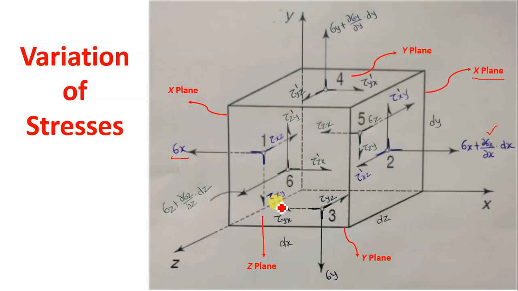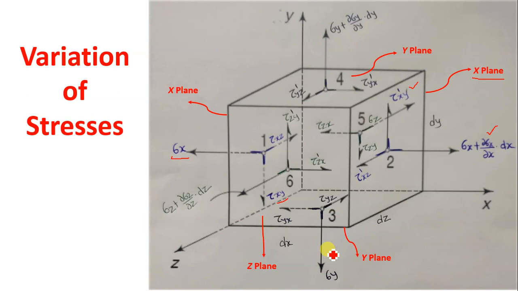Similarly, there is a change in tau xy. On this plane the stress is tau dash xy, which means these two stresses, tau xy dash and tau xy, do not have the same magnitude. So there is a change in stresses.